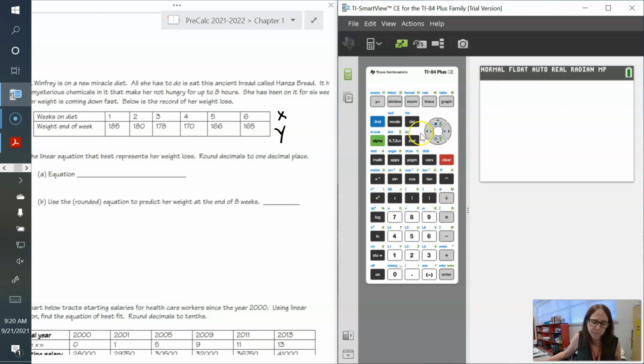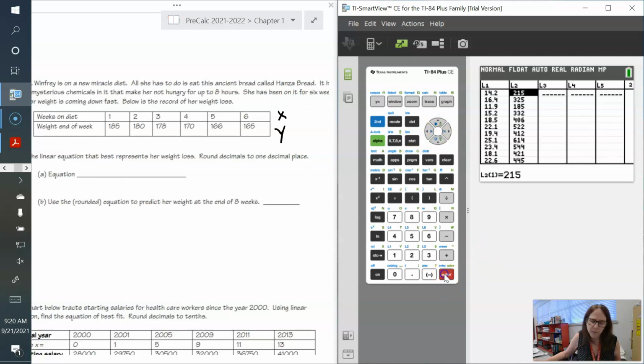I'm going to go to Stat, Edit the first one, go up to the top, see how it's highlighted there? I'm going to hit the clear button, and hit enter. Everything in that list cleared. Over here, hit clear, hit enter. Everything in that list is clear.